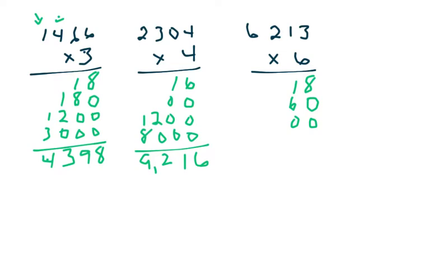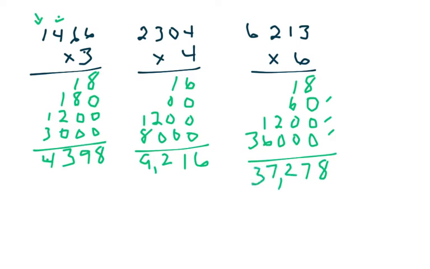6 times 2 is 1200, or 12. And then I'm going to thousands. So notice, no zeros, 1 zero, 2 zeros, 3 zeros, okay? 6 times 6 is 36. Add them up. 8 plus 0 plus 0 plus 0 is 8. 1 and 6 is 7. 2 and 0 is 2. 1 and 6 is 7.